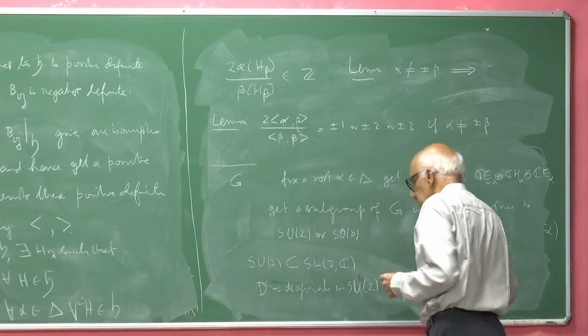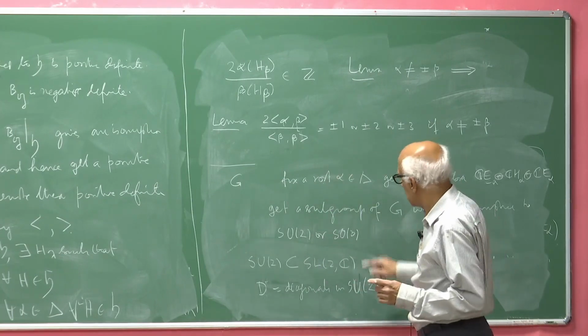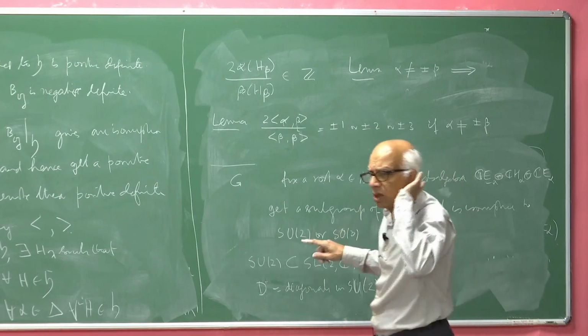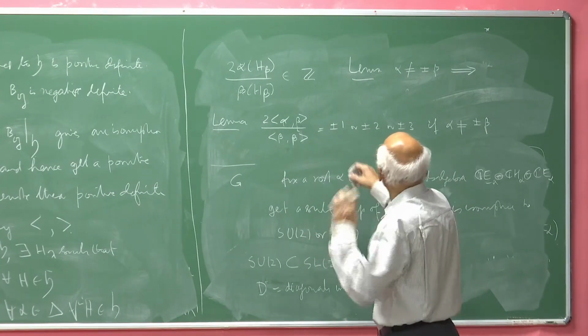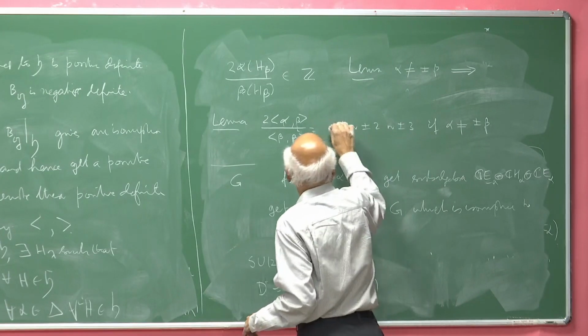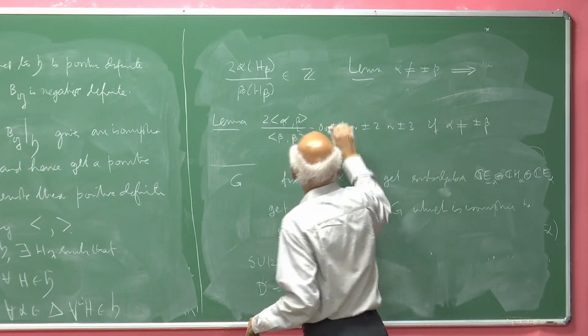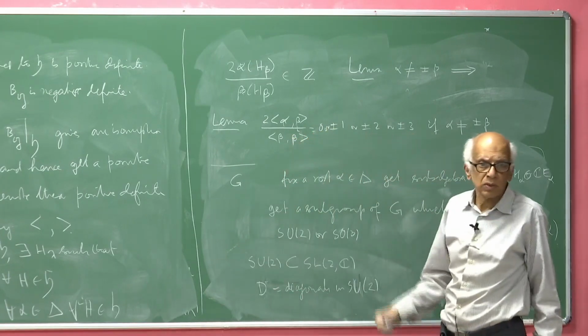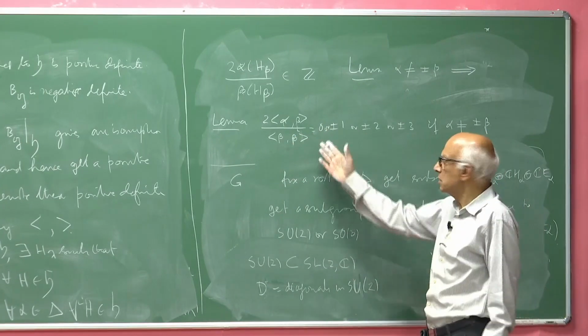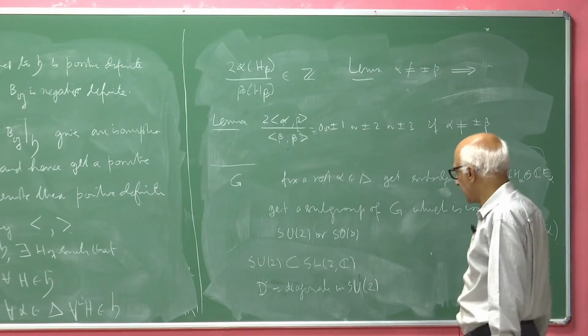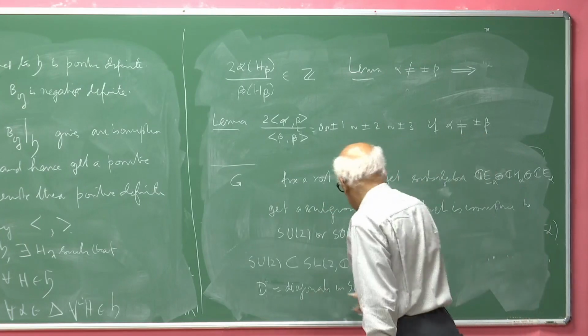Someone says: in the lemma you forgot 0. Oh, 0, yeah, sorry. It can be 0. We'll see with examples that 0 can occur. D, diagonals in SU2.